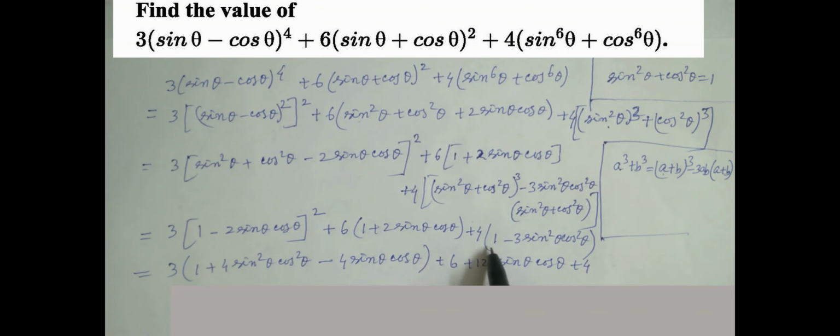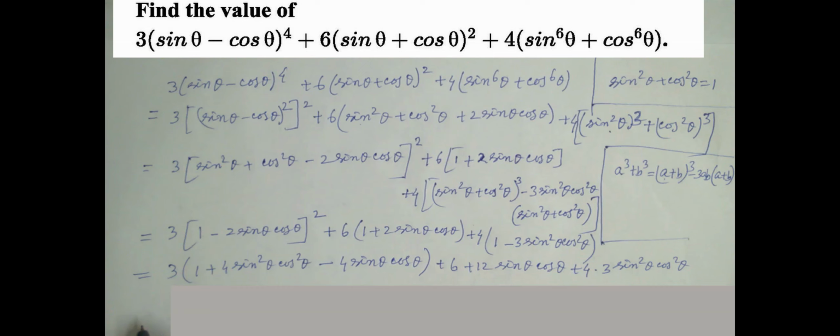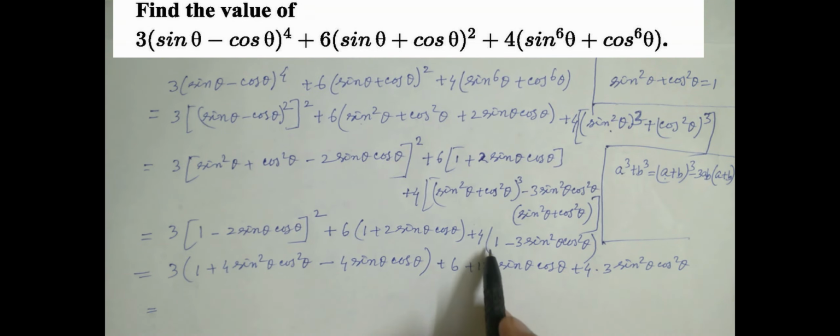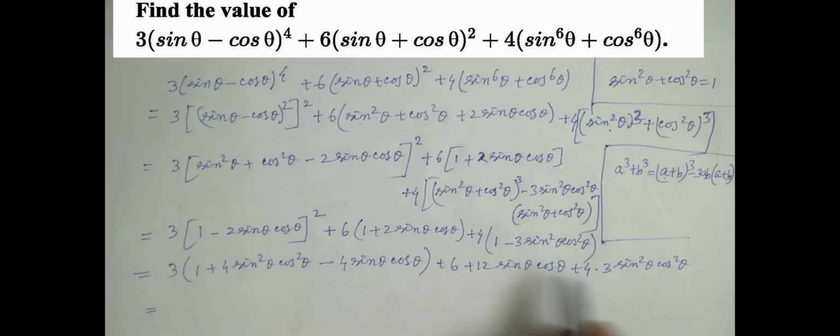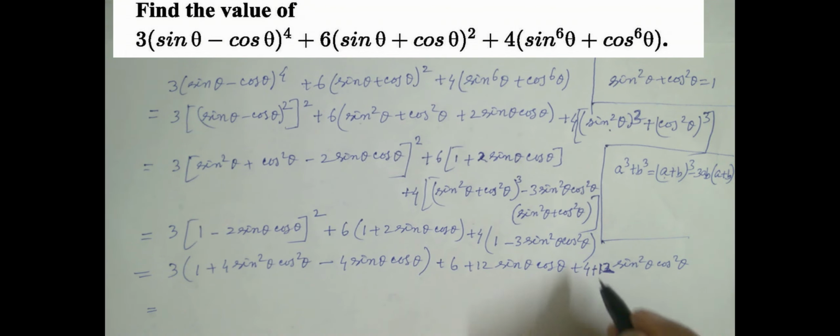Oh, here this, see, minus 3, 4 into 3 sin² θ. This 4 is not written; 4 into 3, directly writing 12. This will be minus actually.